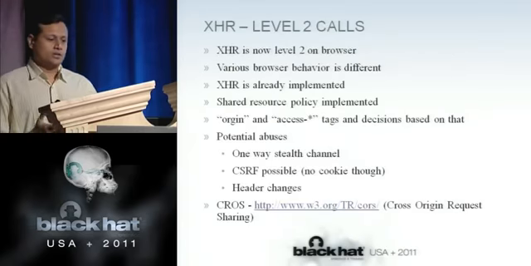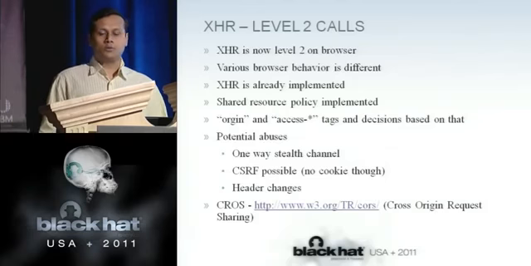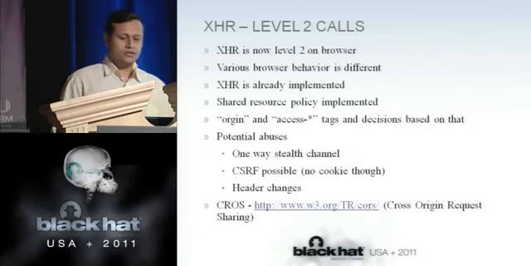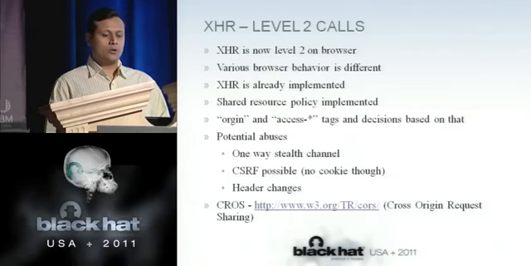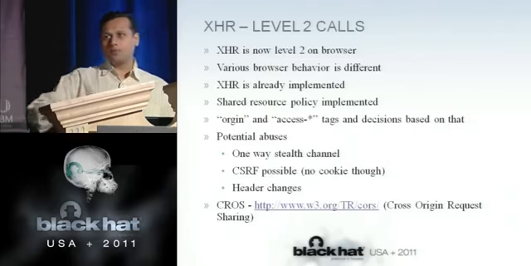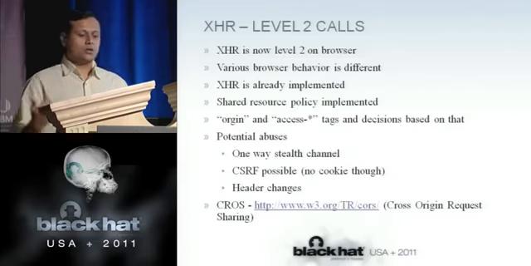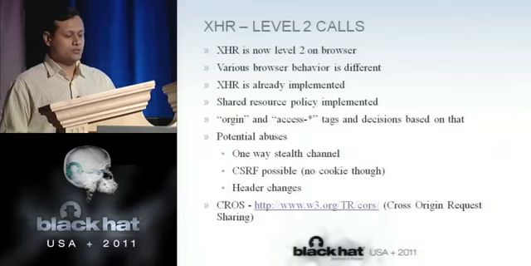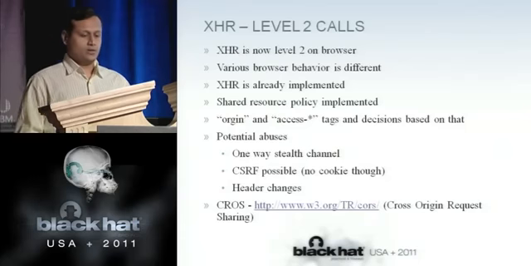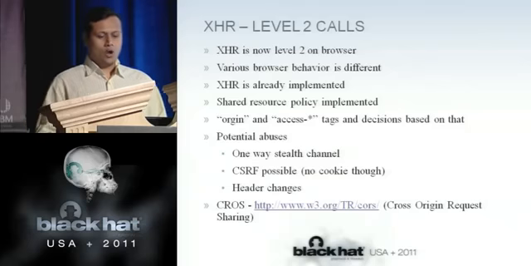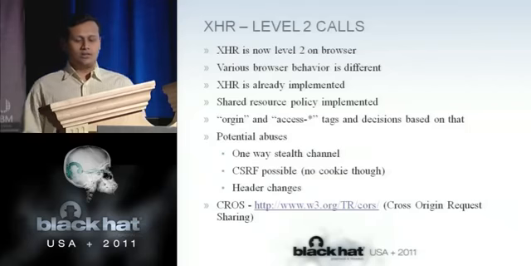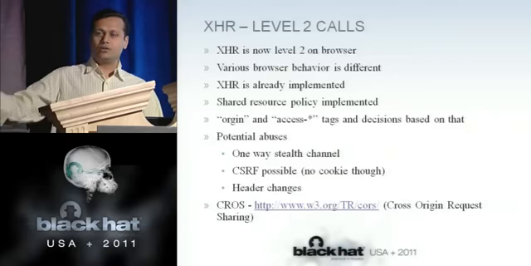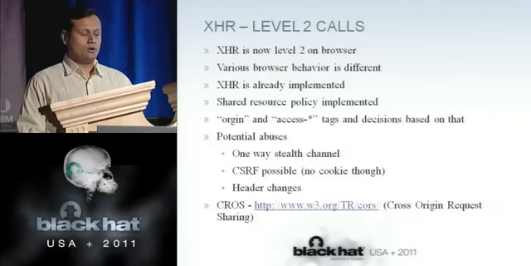XHR level 2 calls are now implemented in all the browsers. Essentially what this call is doing is, when it makes a cross-domain call, it will pass on another HTTP header, which is called the origin header. And the origin header, along with some of the access headers, will process your call or reject your call.